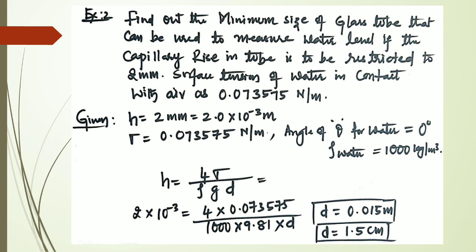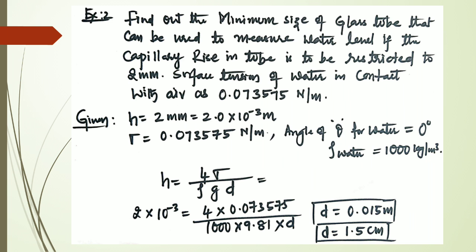But in water, between the glass tube and the surface, the angle of contact is very small, either 1 degree or 0 degrees. Therefore, for capillary rise, I have written h is equal to 4 sigma by rho g d.